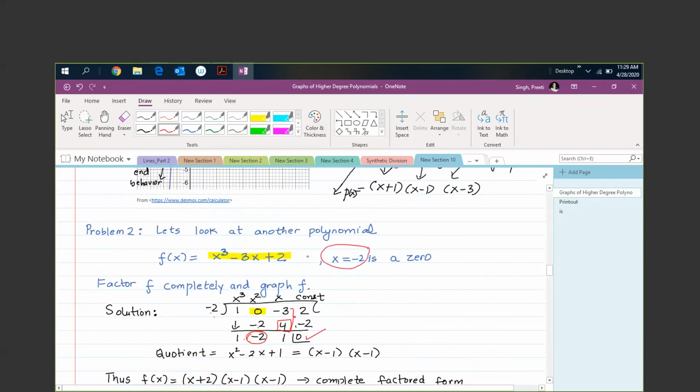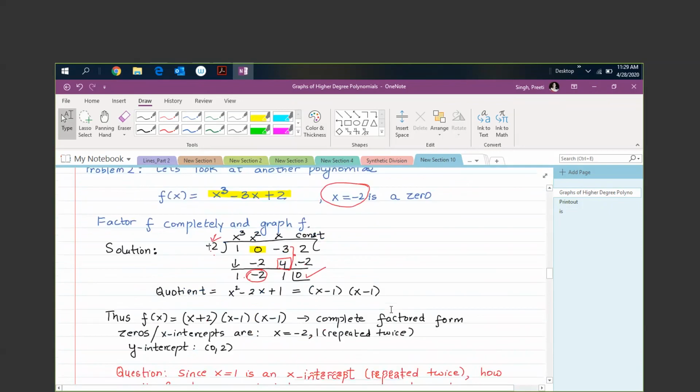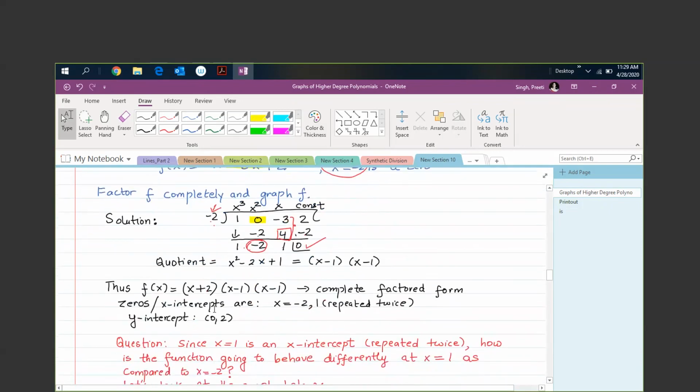So it means you have done it correctly because the remainder is 0 right here. The zeros go right in the divisor part. And the quotient now is x squared minus 2x plus 1. If I factor x squared minus 2x plus 1, you can factor it or use the quadratic formula, whatever you want to. But when I factor it, I get x minus 1, x minus 1.